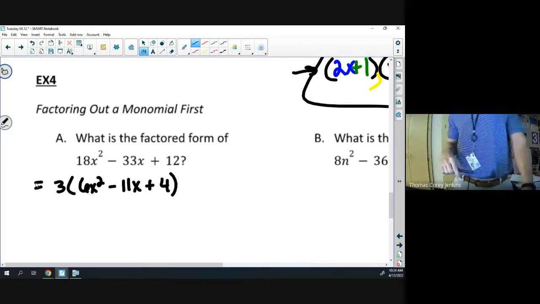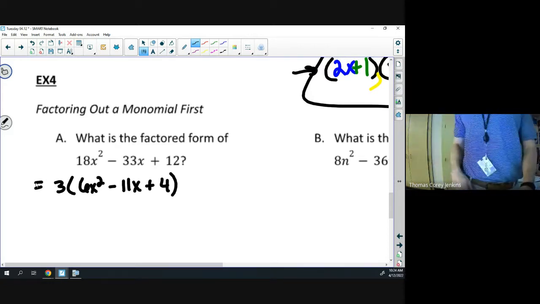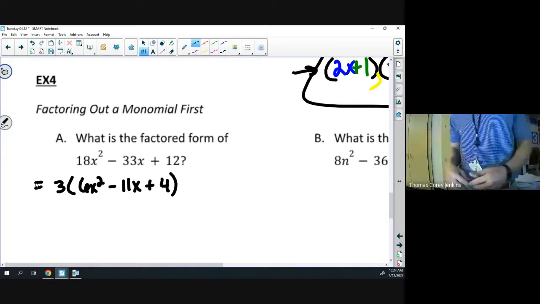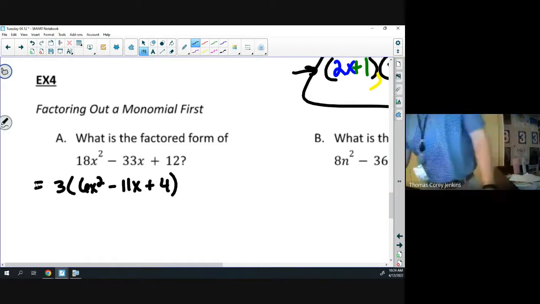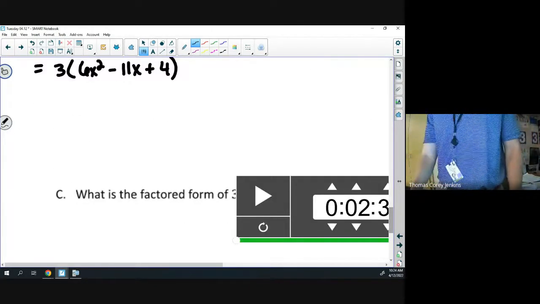Now, you can see that is going to make our numbers a lot easier. Instead of adding to negative 33 and multiplying to whatever 12 times 18 is, our numbers got a lot smaller. Here's the problem I've seen in the past when people do it this way: they'll forget about the 3 in their final answer.